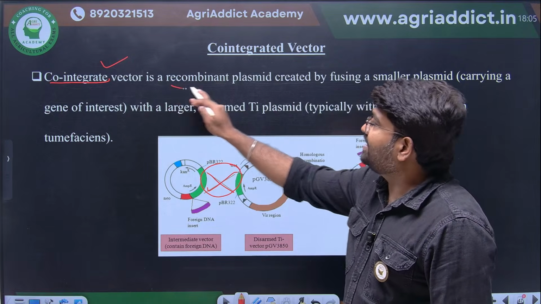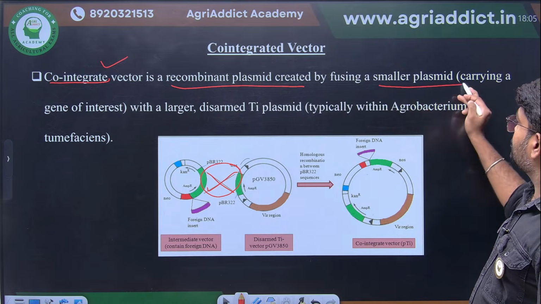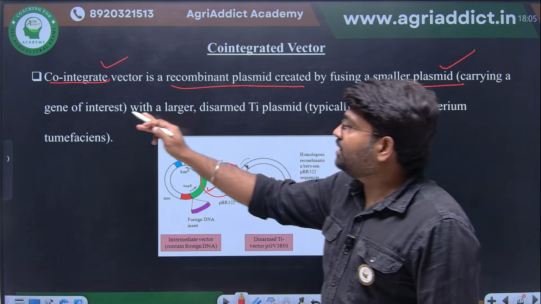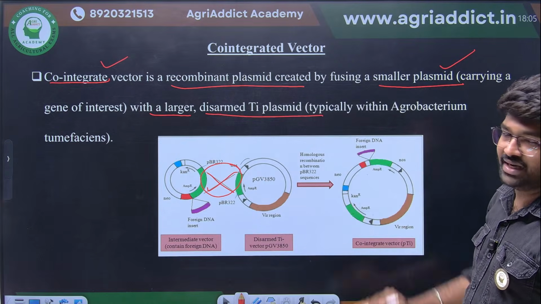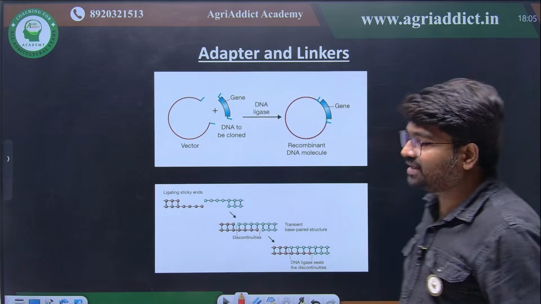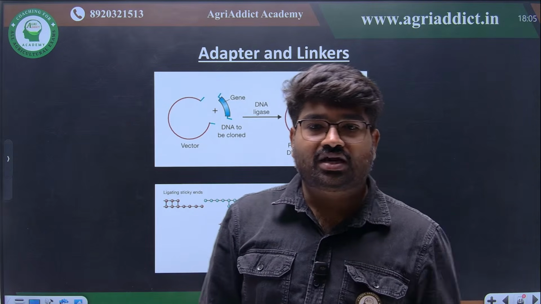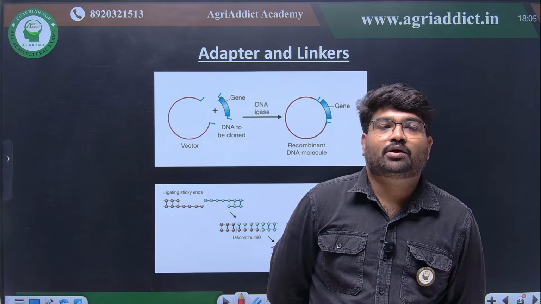Co-integrated vector is a recombinant plasmid created by fusing a smaller plasmid carrying the gene of interest with a larger disarmed Ti plasmid. I hope this is clear for everyone. The definition only you have to remember properly.